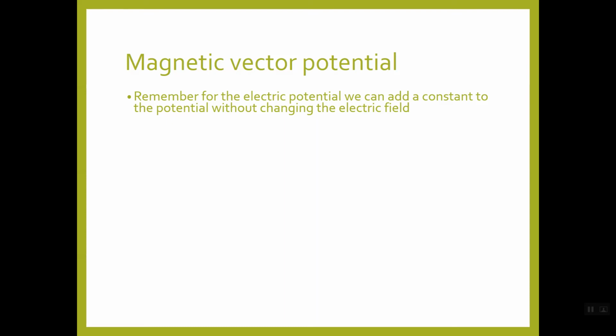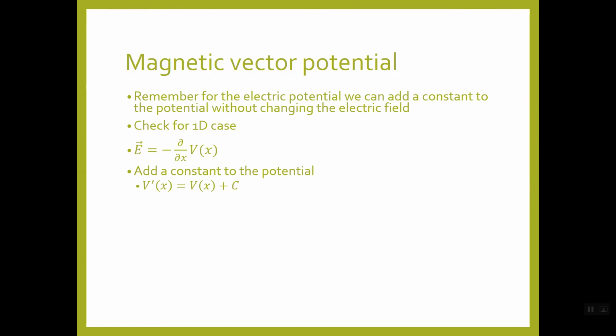If you remember, for the electric potential, you can add a constant to the potential without changing the electric field. In other words, we could choose the origin of our electric potential. Let's check this for a 1D case, where the electric field is minus d dx of our electric potential. If we add a constant c to the potential, we get V prime equal to V plus c.